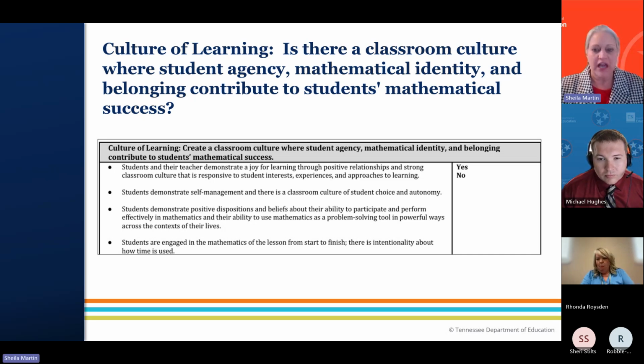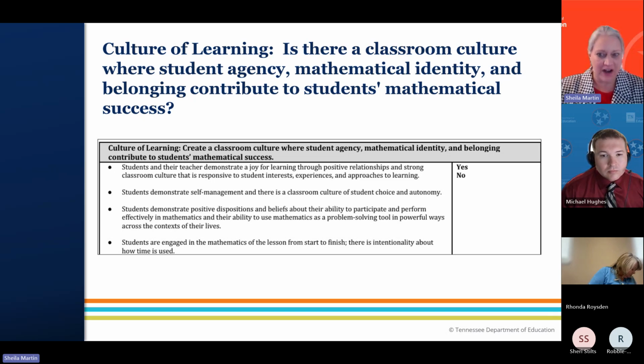Great, thanks so much. So I want to call out here that culture or environment and culture of learning should be viewed differently. The culture of learning is specifically calling out the academic environment that not only prioritizes each student's learning experience, but also ensures that the time spent throughout the lesson is well organized and that the time spent is in the most meaningful way to help all students stay engaged in this learning and to be successful.